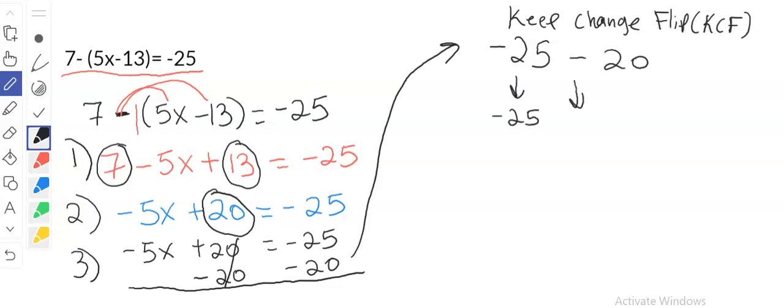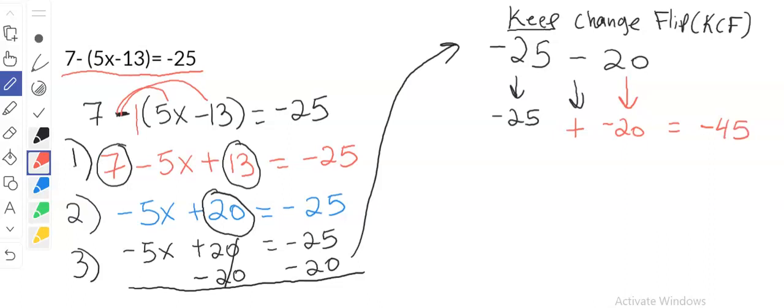That's the key part. You change the sign. So if it's operation subtraction, now it's addition. And you flip the sign of this positive 20. So now it's negative 20. So now the answer will be negative 25 plus negative 20 is negative 45.